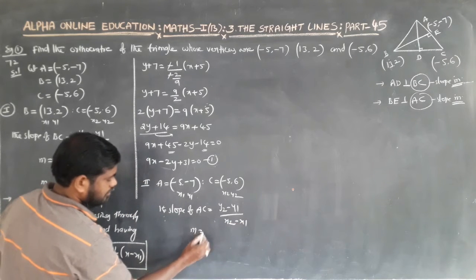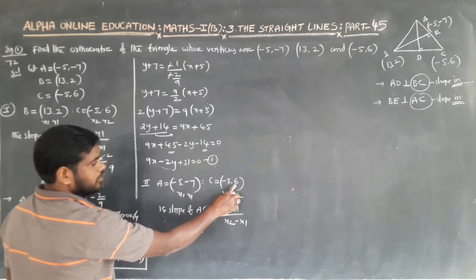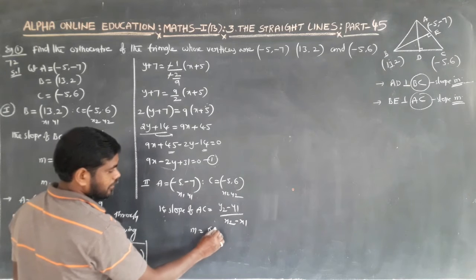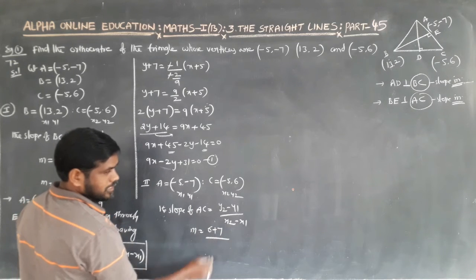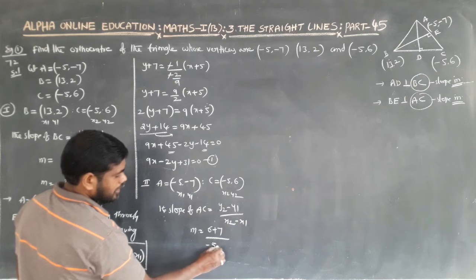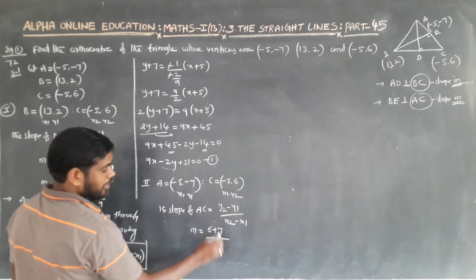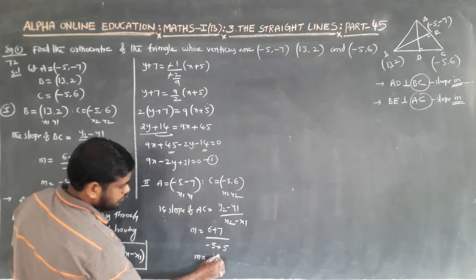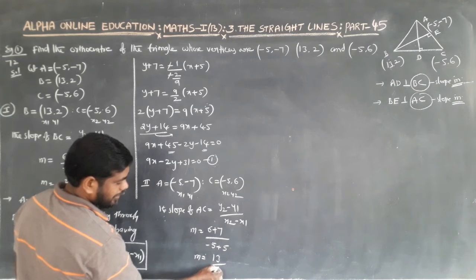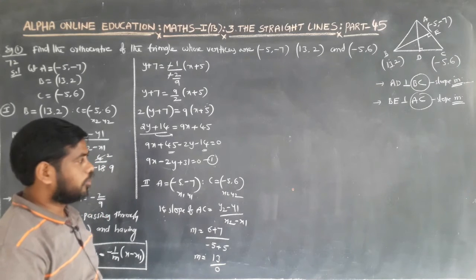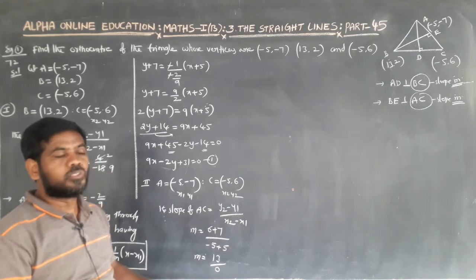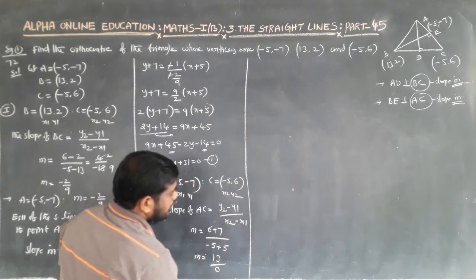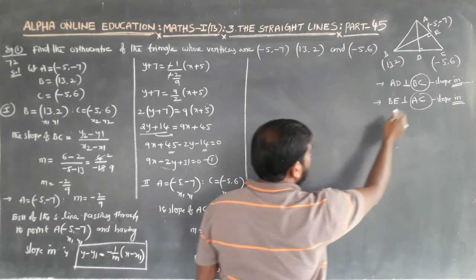So m is equal to (6 minus (-7)) by (-5 minus (-5)), which is 13 by 0, because the 5s cancel. The slope of AC is 13 by 0.